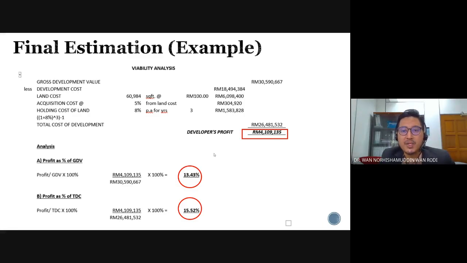So how do you read the results? Is it viable or not viable? What we can say about this project is that it is profitable, but the level of profit is considered not viable because it falls below the region that has been given.